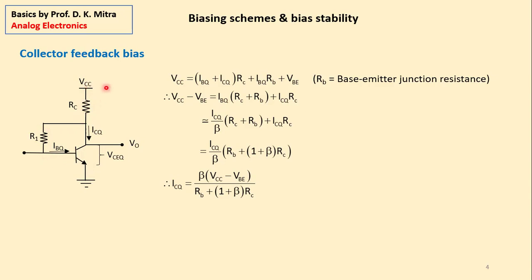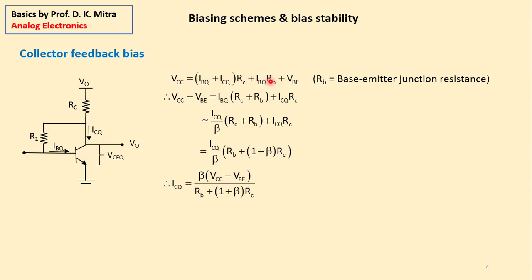the ohmic equation is VCC is equal to, what current flows through RC? Through RC, two currents flow. One is ICQ, another is IBQ. So IBQ plus ICQ into RC, plus there is a base emitter junction voltage VBE, plus IBQ times a hidden resistance here, RB, which is actually the base emitter junction resistance.